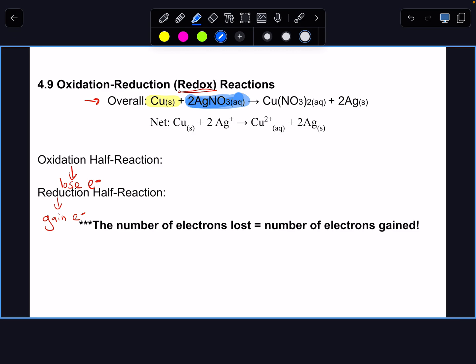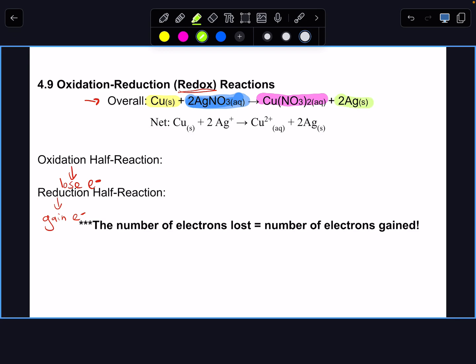AQ means it's aqueous and it's been dissolved in water. So yes, it is separated into Ag+ and NO3-. Okay, so we're going to mix those two things together. What is this going to look like when I make it? I may not see it because it's still just aqueous. Maybe if there's a color change I might see it, but otherwise it's still just aqueous solution. But what are we going to see?